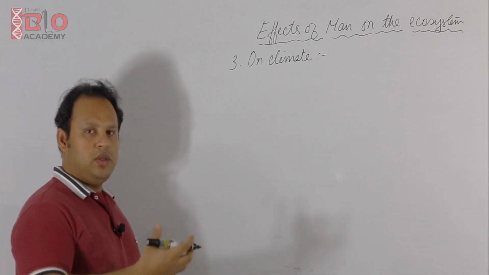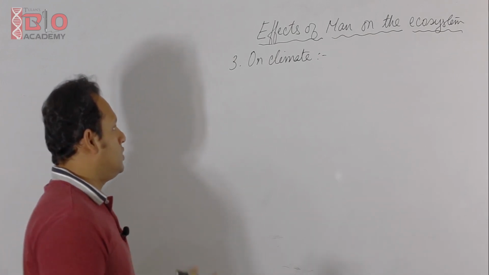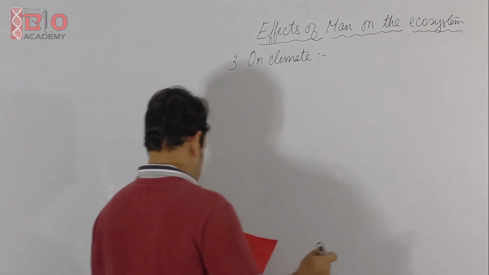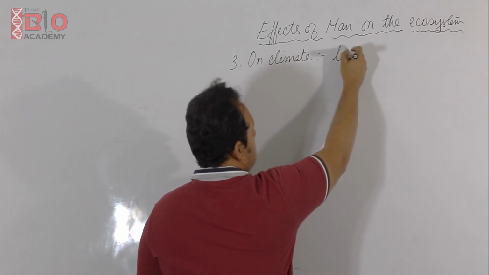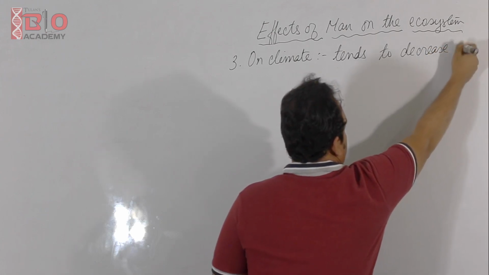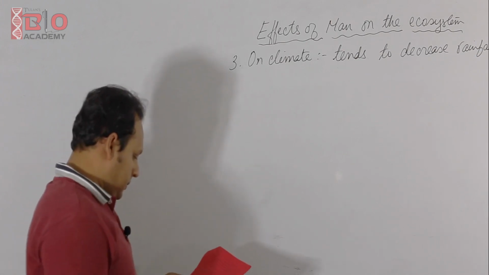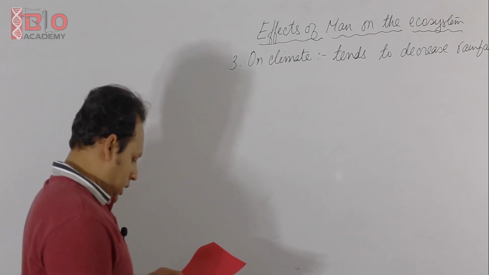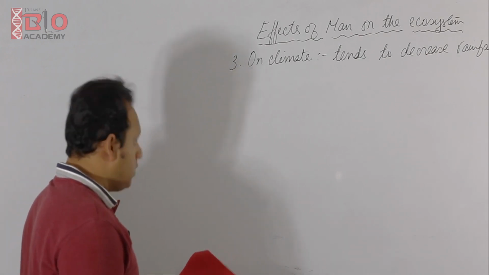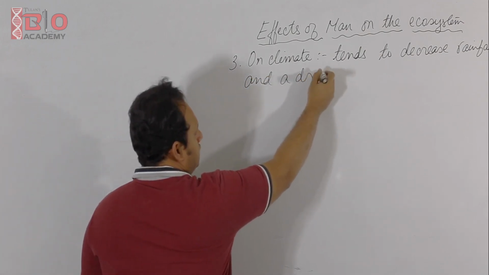The water is sucked up by the roots and then it's released into the atmosphere, and that's how clouds form as well. So plants do play a significant role in that. So on climate, it tends to decrease rainfall and leads to a drier climate.